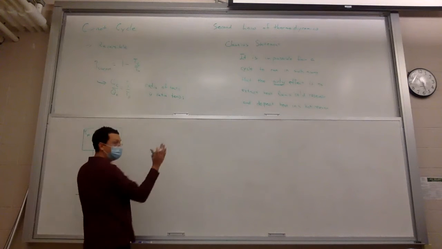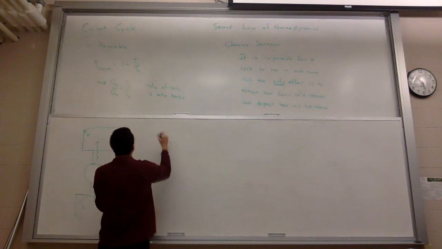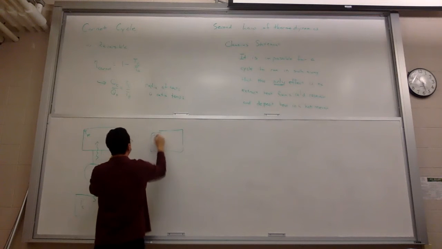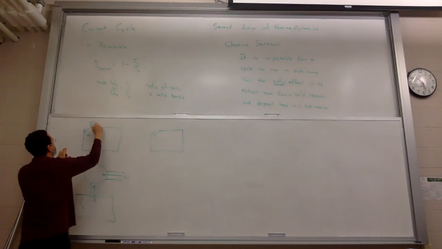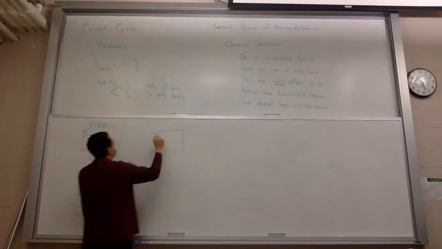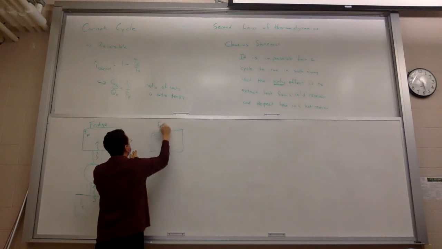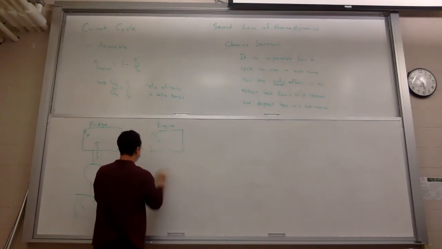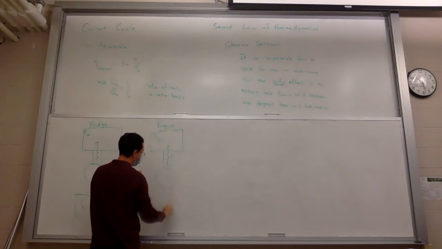Let me go ahead, just for fun, let's imagine something like this. This is a fridge, and this is going to be an engine. These are real devices, while we're at it. So you're going to have heat in from the combustion, or whatever.